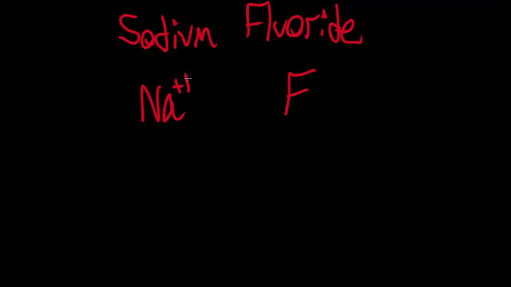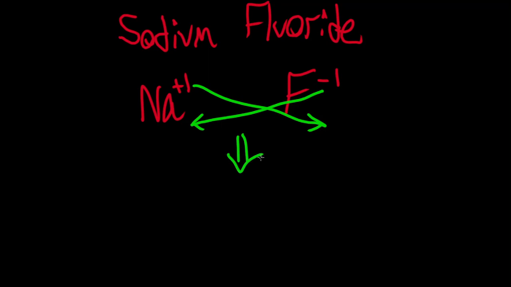And fluorine is a non-metal in group 7, so it is going to have a -1 charge. So all I do is I crisscross and I end up getting NaF. As easy as that.